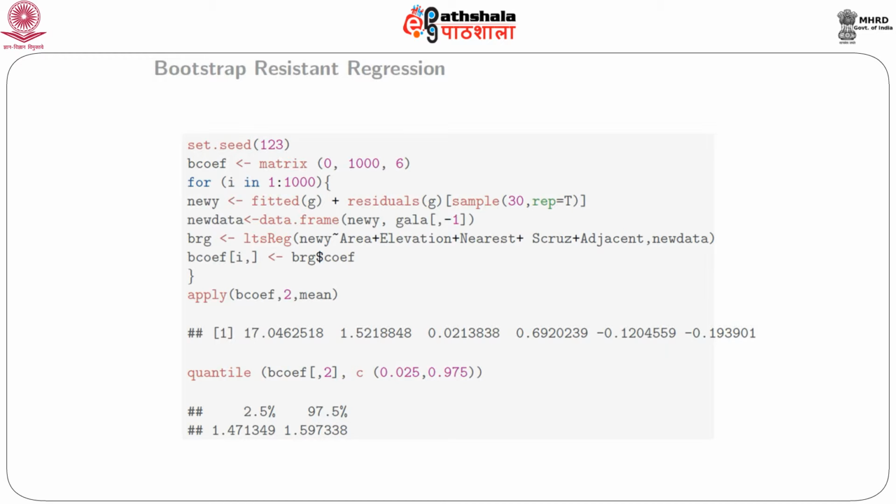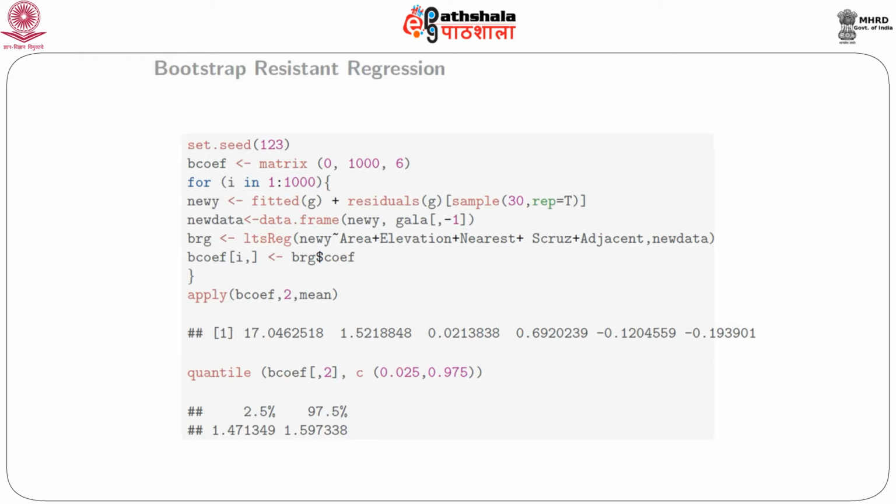Now, to do that in R, we define a matrix called Bquef, and if you see here there are 6 coefficients. So, we take all those. The matrix has 6 columns, each column stands for 1 coefficient, and we take 1000 rows.